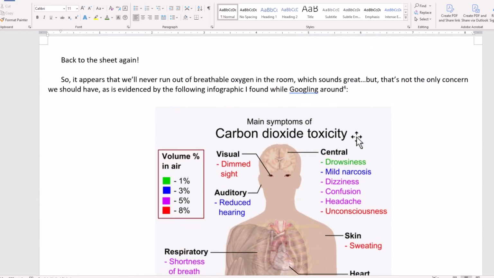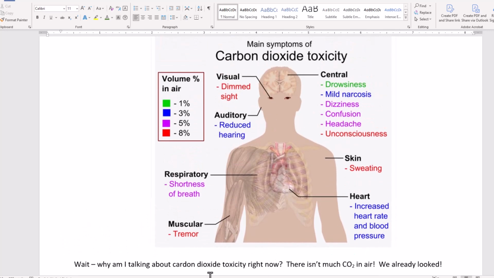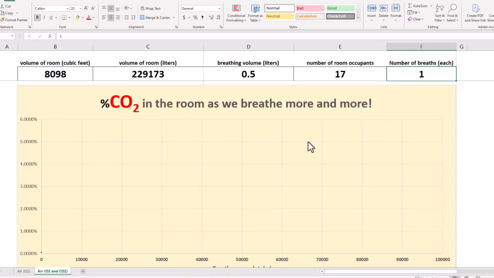Wait, why am I talking about carbon dioxide toxicity right now? There isn't much CO2 in air. We already looked. That's right. So we need to figure out how much CO2 is actually going in. Let's pump it out to 100,000.